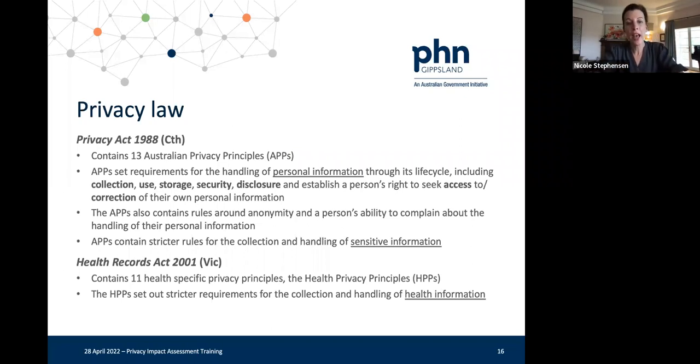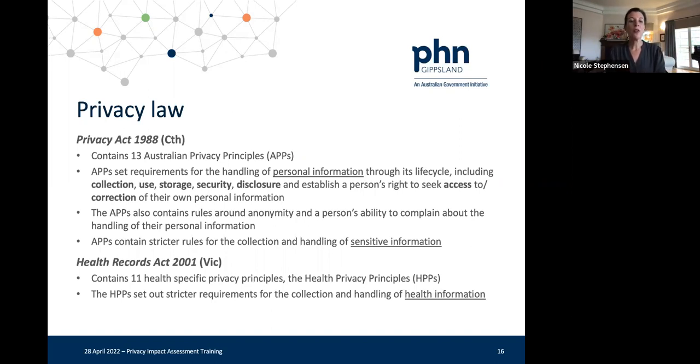Now, we also have the Health Records Act of 2001 in Victoria that the PHN is also required to comply with. So this is what I was talking about, being subject to multiple regimes. And it can be quite confusing, because if you're looking at that primary privacy law being the Commonwealth law, it's sometimes hard to know if all of the rules match up in your particular contexts.